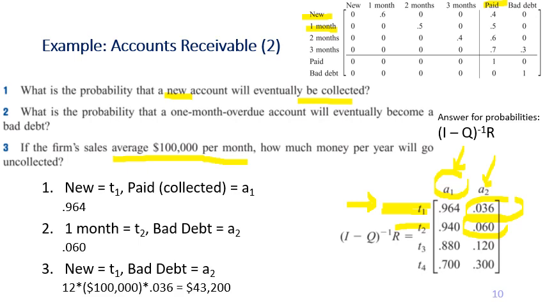So you can say that each month you have a transaction of $100,000, and the probability that a new account will become a bad debt is 0.036. But remember, there are 12 months in a year. So this is the amount of money that will likely go to bad debt in this case.